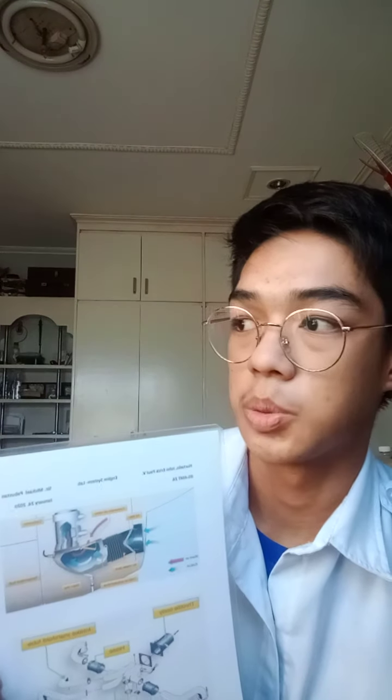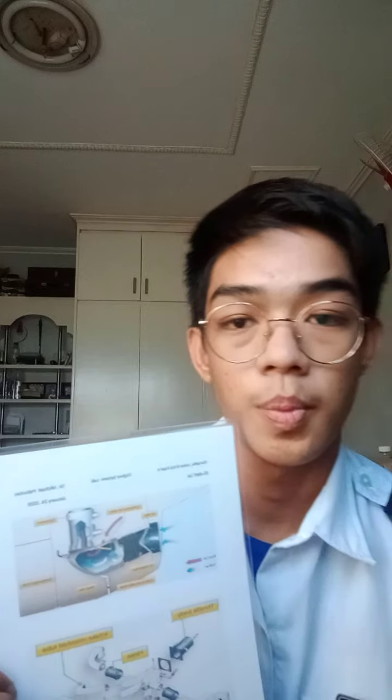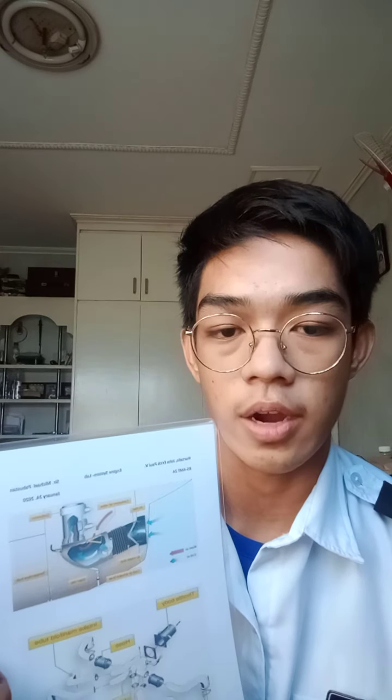So what does the air filter do? The air filter is to prevent dirt and other matter from entering the engine. The carburetor air valve is where it selects alternate warm air to prevent carburetor icing.